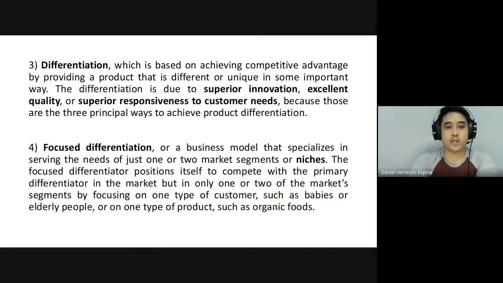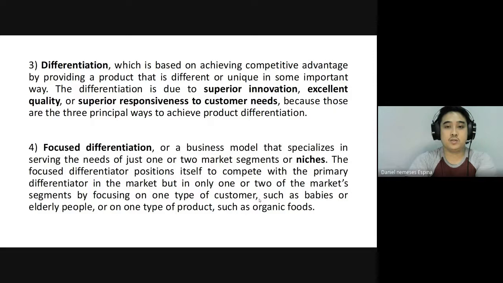Now, another generic competitive strategy is called differentiation. So it is based on achieving a competitive advantage by providing a product that is different or unique in some important way. So the differentiation is due to superior innovation, excellent quality, or superior responsiveness to customers' needs. So observe that products that even if expensive, still have demand.